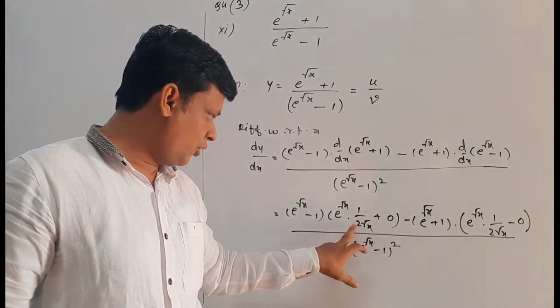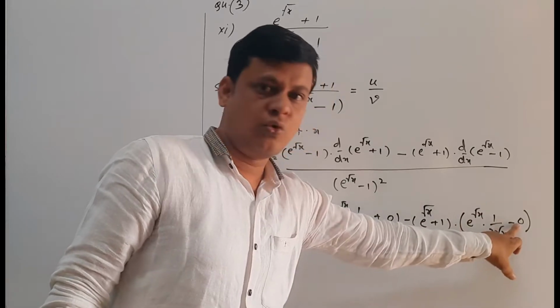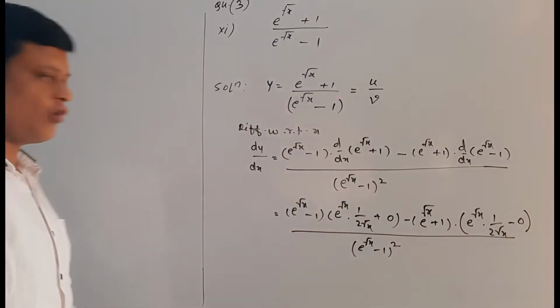So we take 1 upon 2 root x and e raised to the power root x common here.